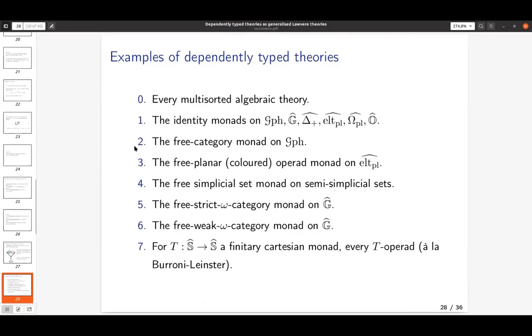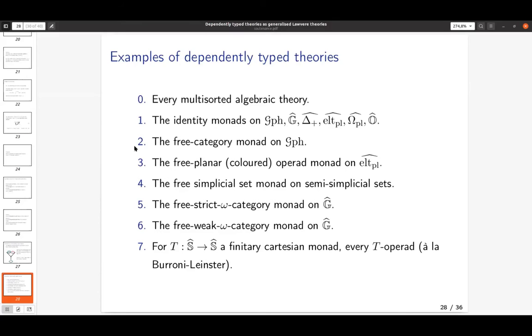Right. So this rather elegant definition of dependently typed theory allows us to recognize many dependently typed theories in the wild. So every multi-sorted algebraic theory, of course, is a dependently typed theory.